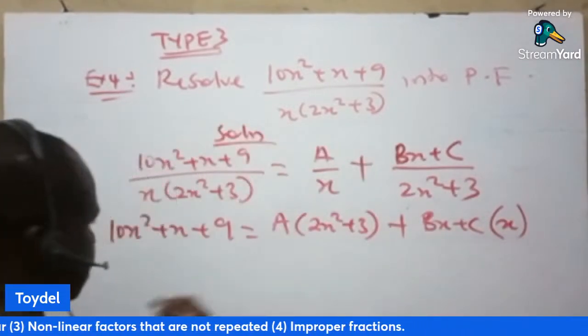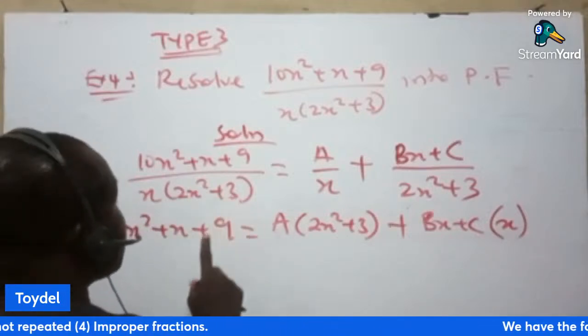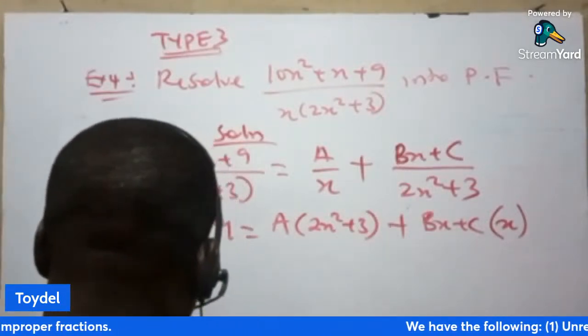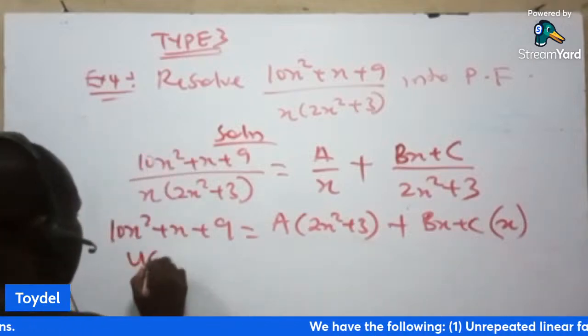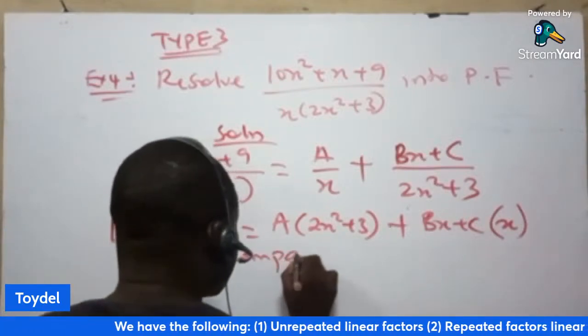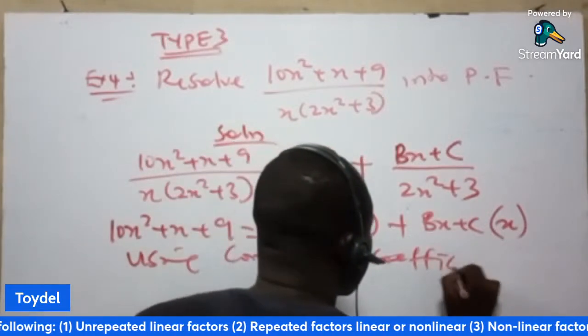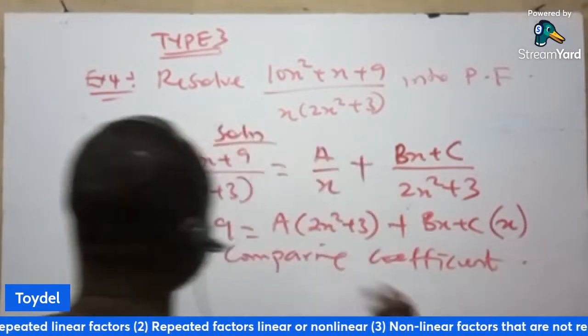Okay. In type 2, I tried to use the cover-up method. Now let me use comparing coefficients. I want to be using the 2 methods interchangeably.